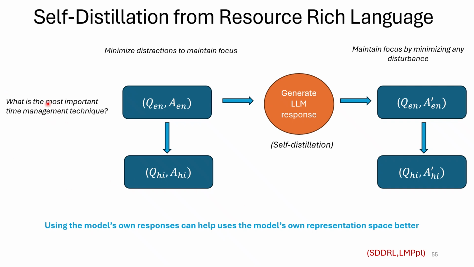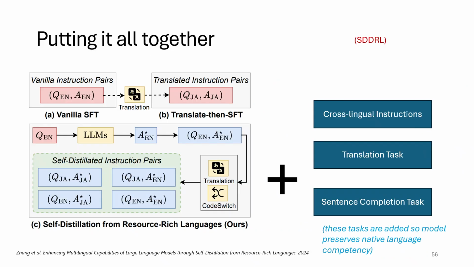As an example here, the question is, what is the most important time management technique? And you might have a gold answer, which is minimize distractions to maintain focus. But if you ask the same language model to generate a response, it generates: maintain focus by minimizing any disturbance. And the model can do a better job at learning from this kind of its own responses. So that's another useful technique for improving the model.